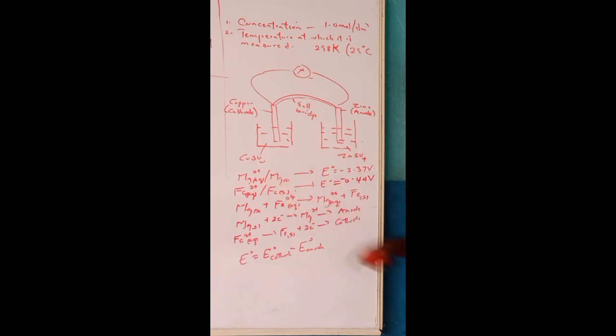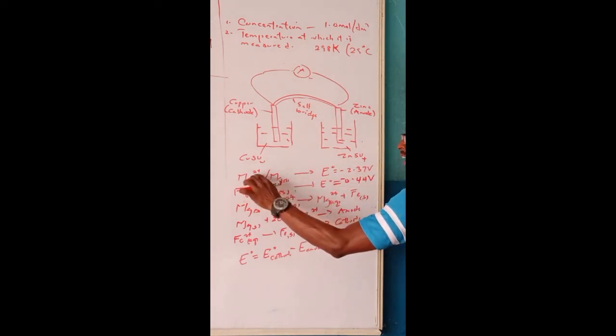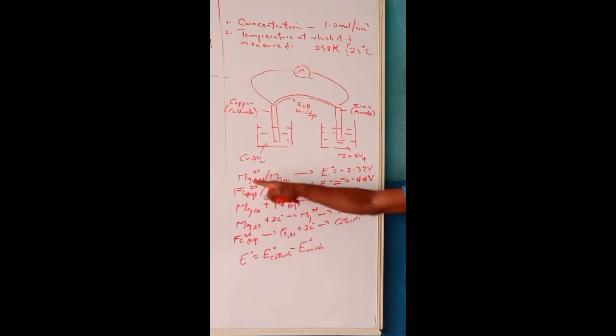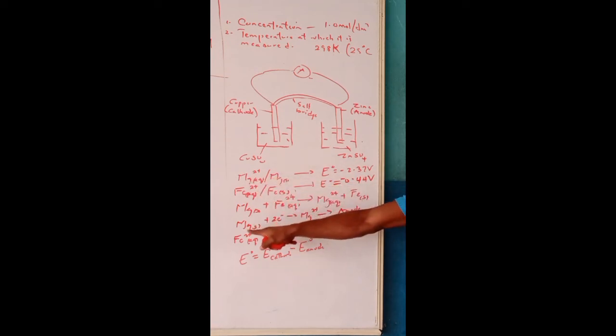They give you, from Mg to metal, it is minus 2.37. But we don't have it from Mg to metal. We have it from metal to Mg. This is from metal to Mg. That's minus 0.44. So let's see what we now have.